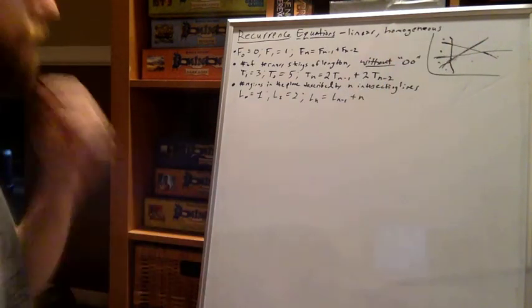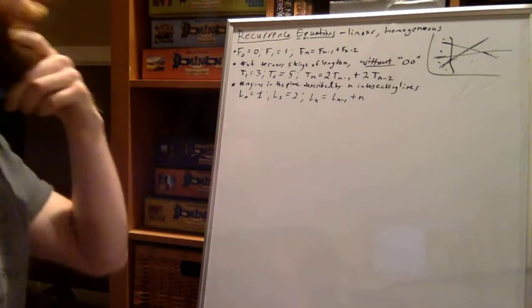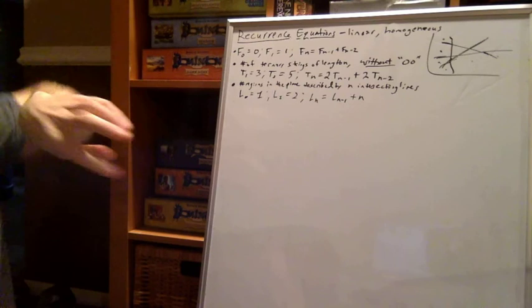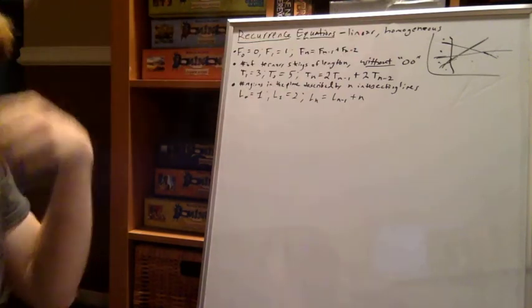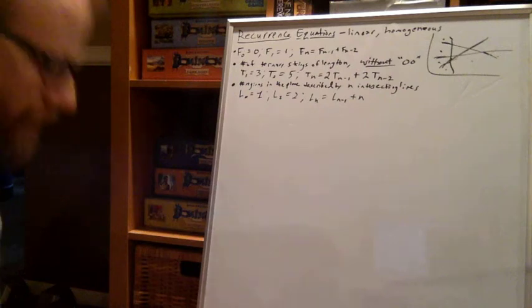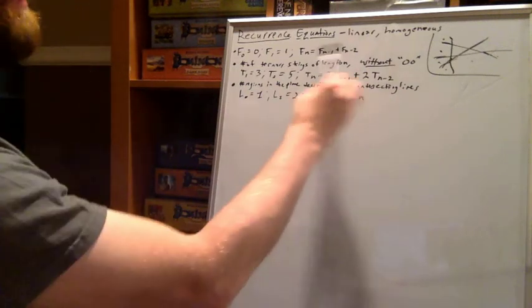So I'll make this a little bit more formal in a second, but initially I just want to say that a recurrence relation is linear if I can get information about the nth term in my sequence by looking at a linear combination of previous terms.